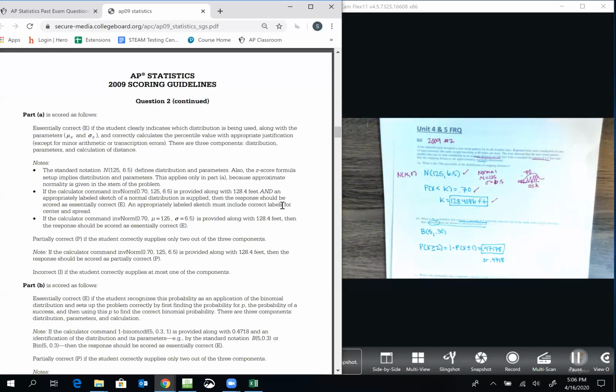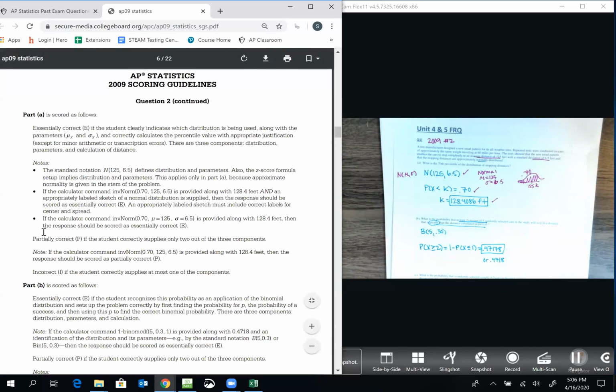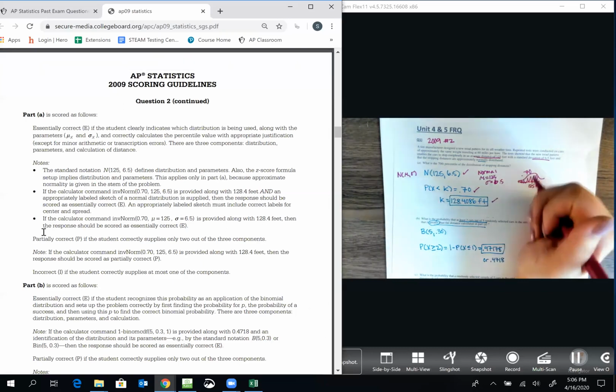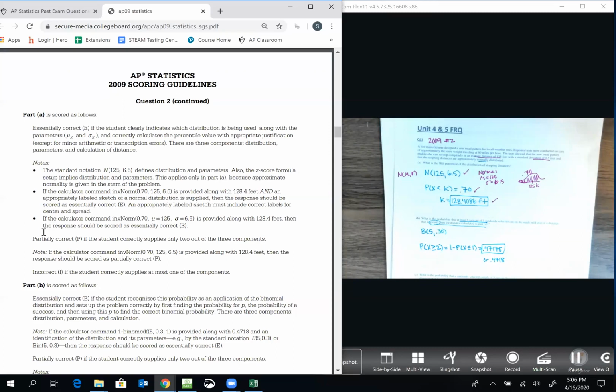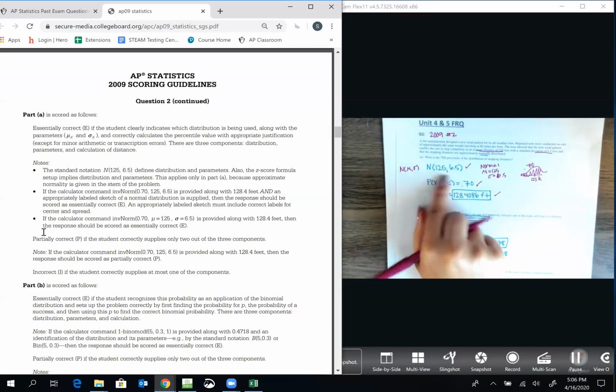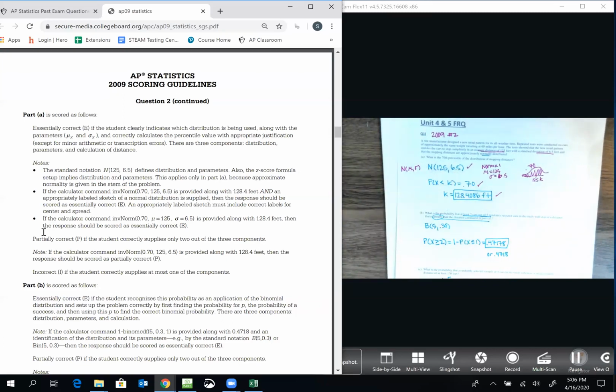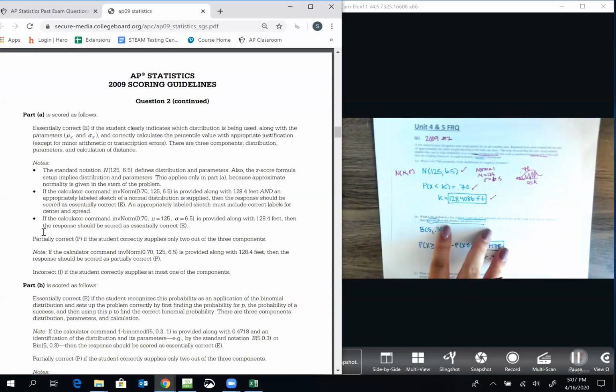Oh, and the standard deviations labeled. So you have to actually go out and do the 6.5 and everything. I wouldn't recommend that. I would think that would be more work. This is less work. So calculator notation only gets you credit if you have a fully detailed drawing. So this is the most efficient way to get your credit.